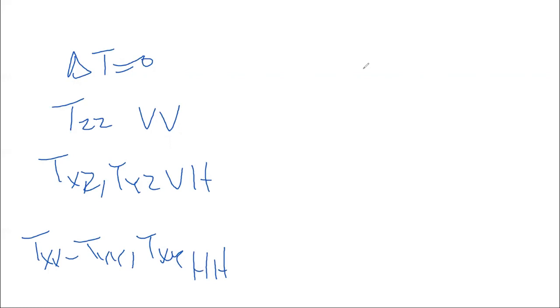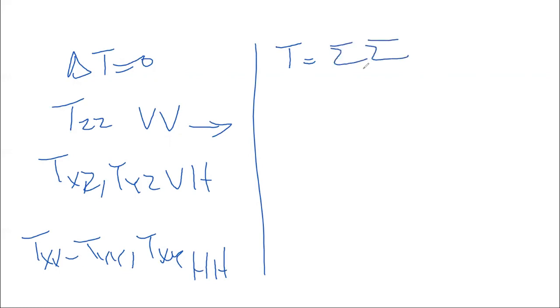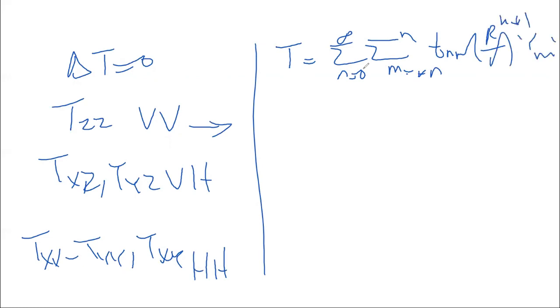How do we solve that? This one is easiest. What is tzz? Is a second order derivative of potential. Let me write it like that. T was n from 0 to infinity, m from minus n to n, r over r n plus 1 Y and m. If I take the derivative of this equation with respect to z, which is r, I come to this formula.